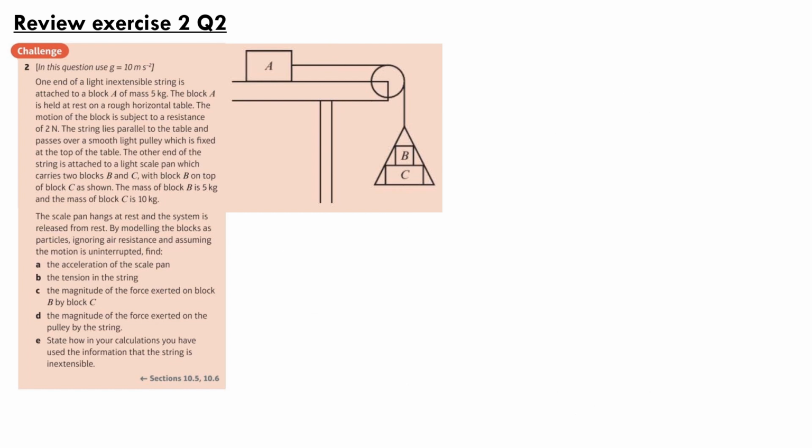Okay, and for part D, we're asked to find the magnitude of the force exerted on the pulley by the string. So if we think about what's actually going on with the pulley in terms of forces, we have tension acting in this direction from the block A, and also tension acting in this direction here. There's tension acting this way and tension acting up this way.